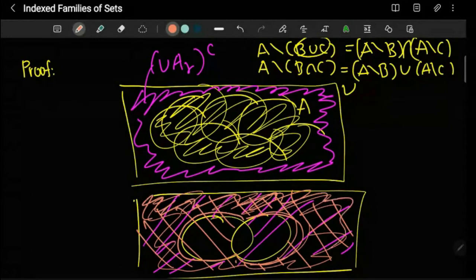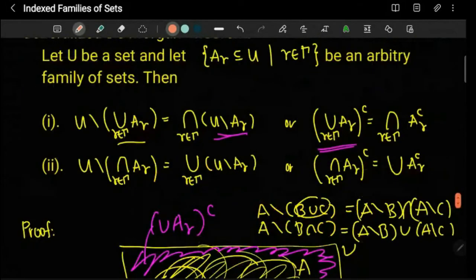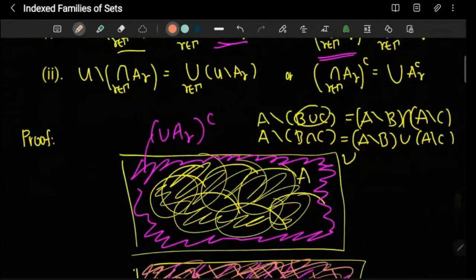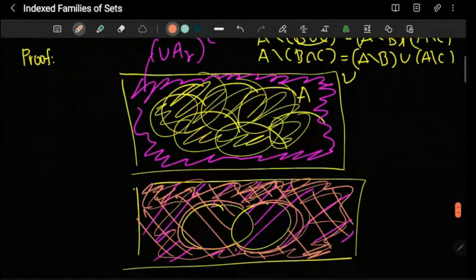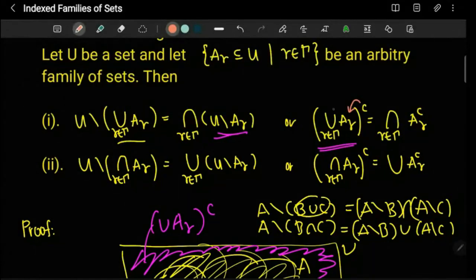Di ba? So, the two processes are the same. Whether you get the union first, and then you complement, yung ginawa natin dito, or you get the complement first, and then you get the intersection of those complement. So, nababaliktad. Pag pinasok mo yung complement sa loob, so magkaka-complement lahat, but the union becomes an intersection. That's De Morgan's rule, di ba?